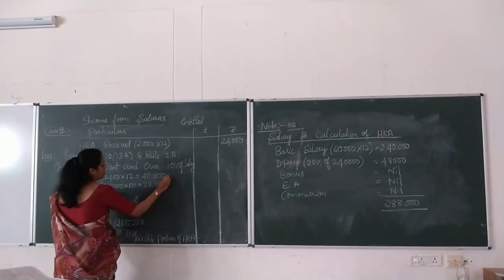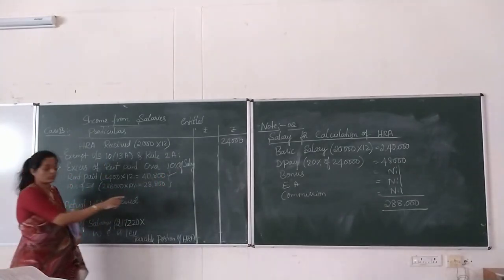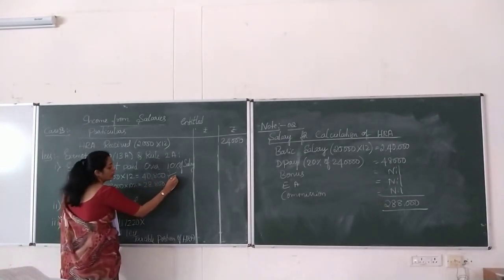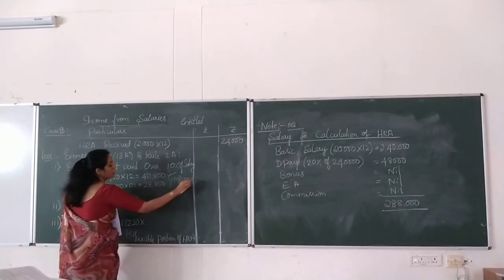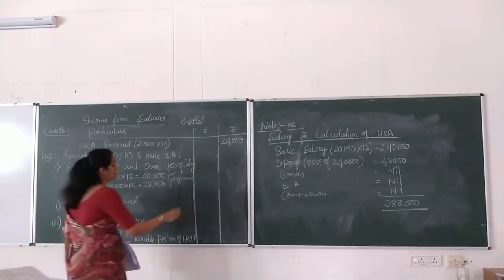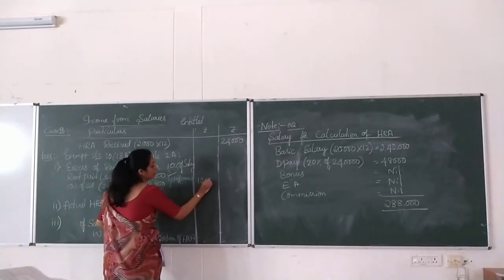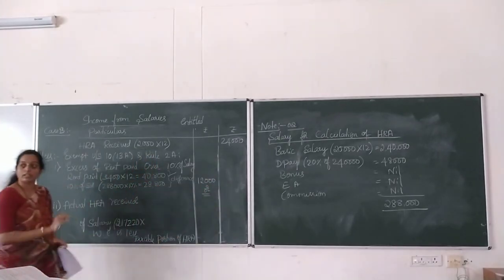See, in this case rent is greater, right? Rent is greater, so what is the difference? The difference is 12,000, which we should consider. Getting right? If rent is more than 10% of salary, then we should consider it.